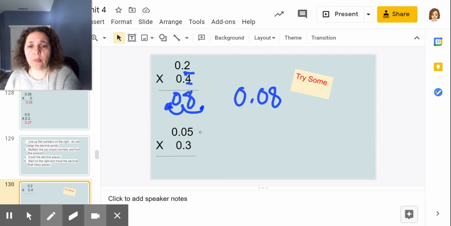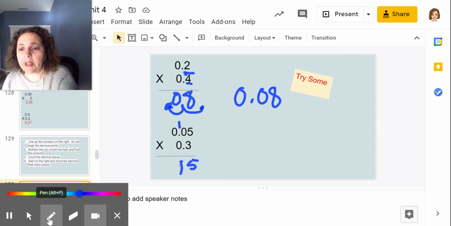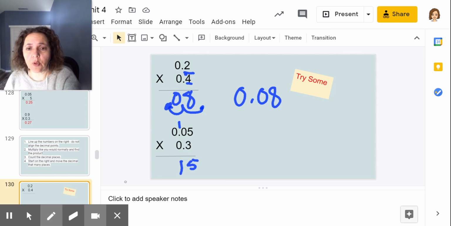3 times 5, so remember, ignore all the decimals, just multiply the numbers like normal, and you only have a 3 and a 5, which 3 times 5 is 15, right? You could put your 5 down, carry your 1 if you wanted to, but it's going to be the same because 0 times 3 is 0 plus the 1 is 1, so it's 15. Then I'm going to count how many place values are after the decimal. I have 3 place values after the decimal.